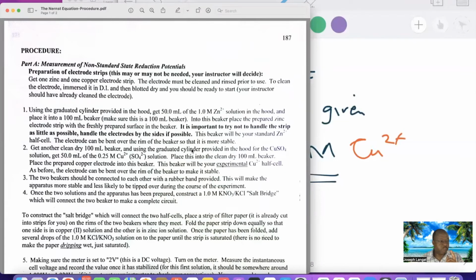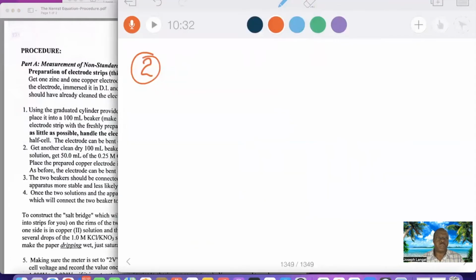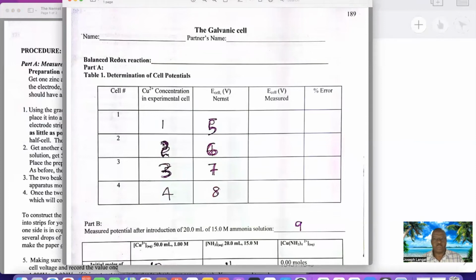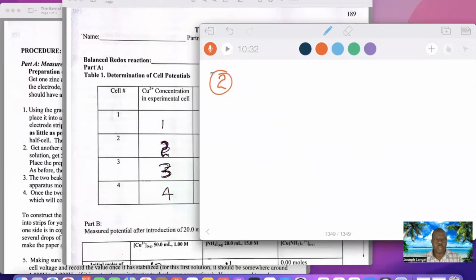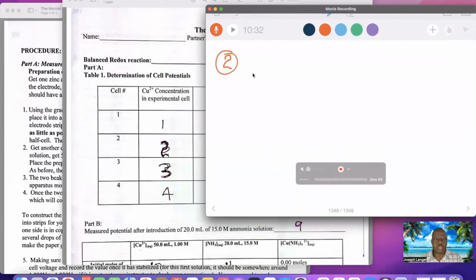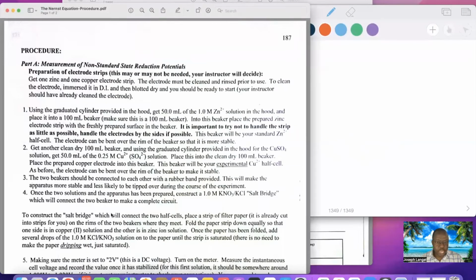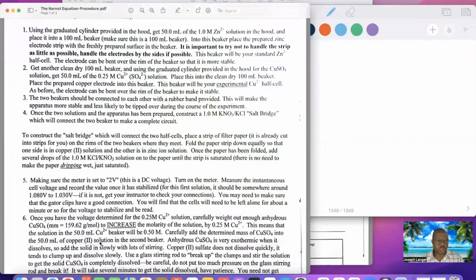For cell number 2, this is where you need to pay attention on how to calculate the concentration of the copper 2 ions. You need to increase the concentration by 0.25, right here.